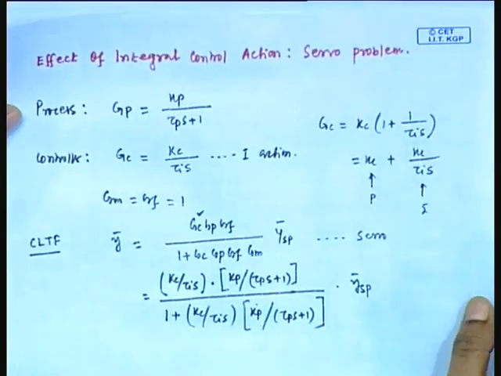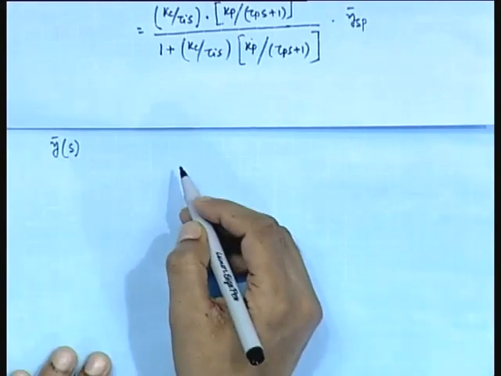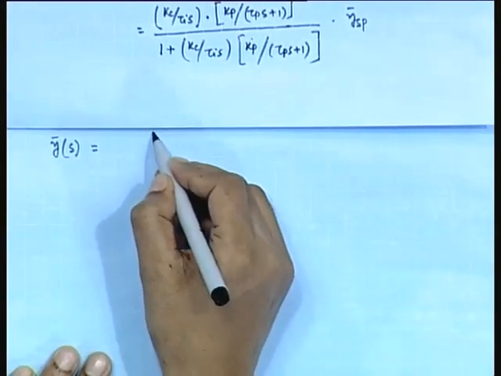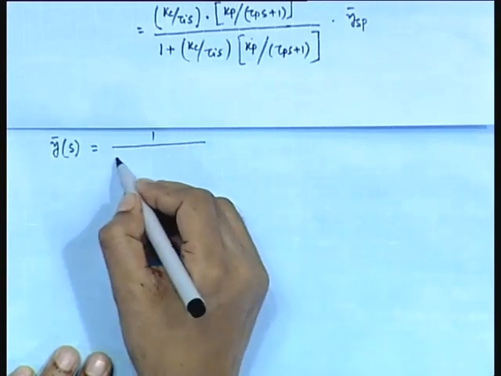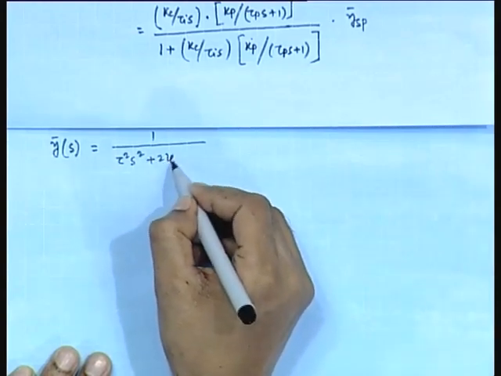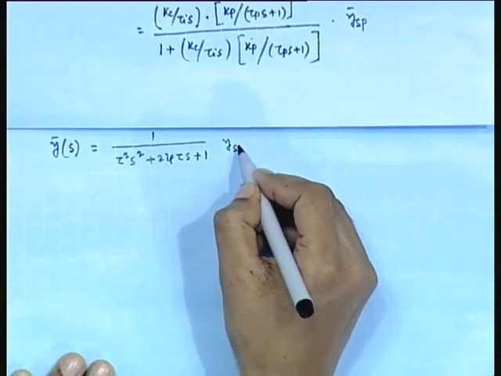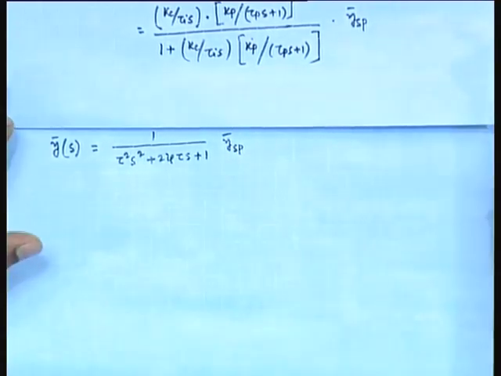If we simplify this expression, then we obtain y bar s equals 1 divided by tau square s square plus 2 zeta tau s plus 1, multiplied by y set point bar.